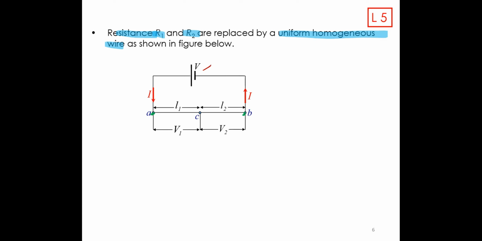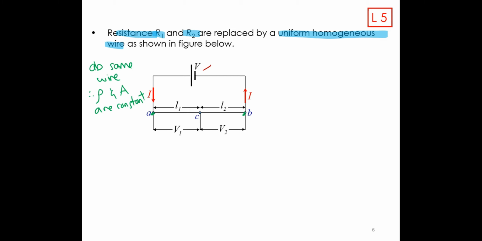AB is the same wire. Therefore, the resistivity and your cross-sectional area are constant, because it involves the same wire.